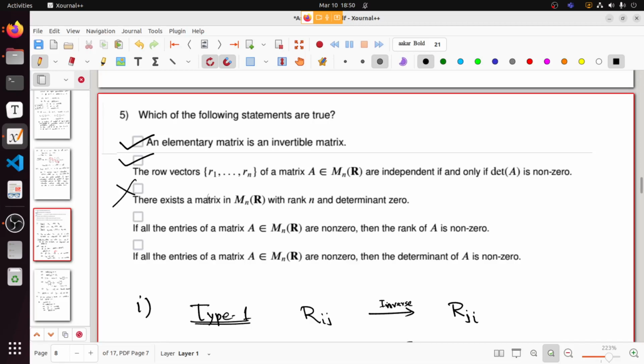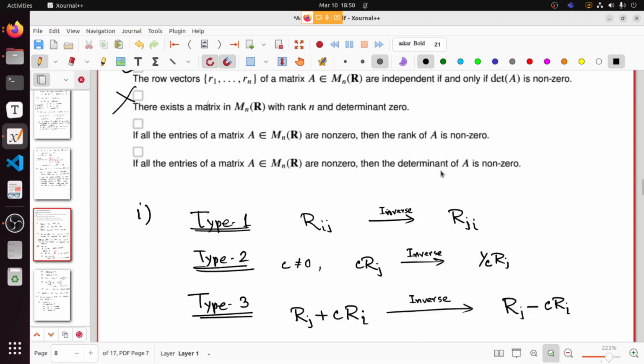Now what is option number 4? If all the entries of a matrix A in MnR are non-zero, then the rank of the matrix is non-zero. So let's check this.